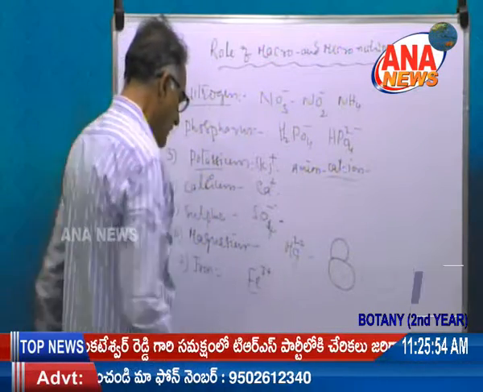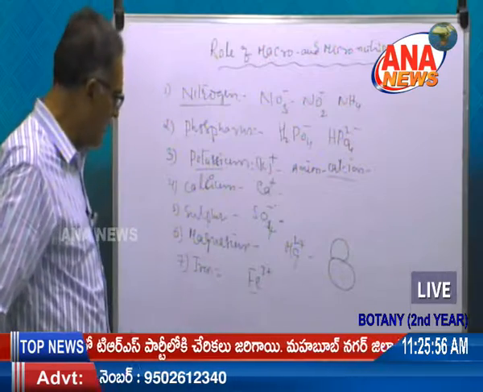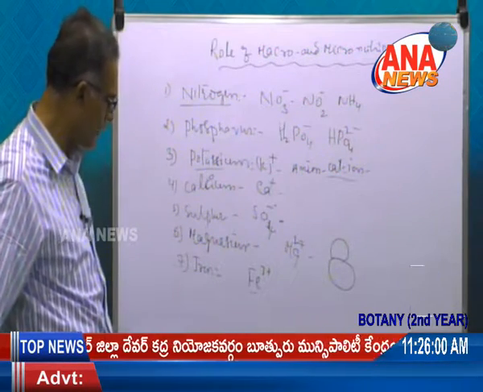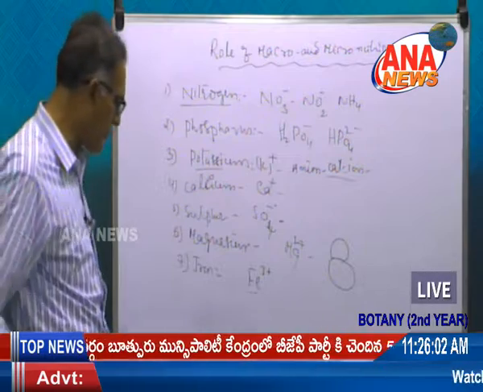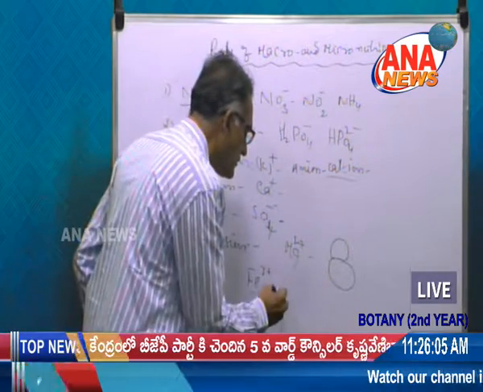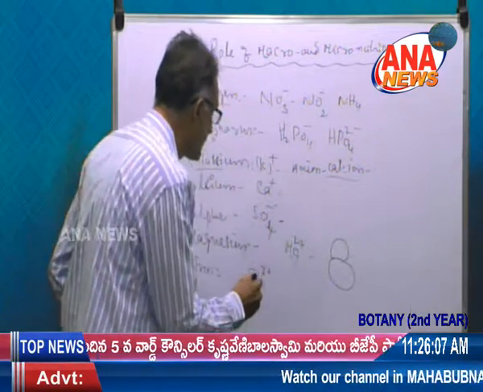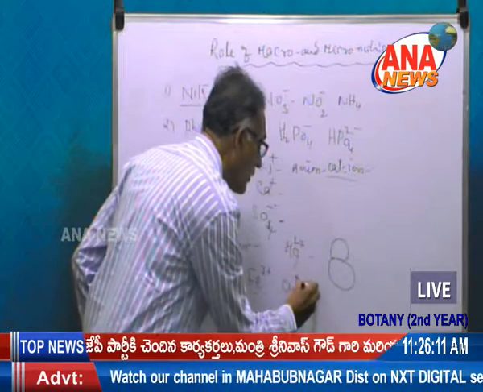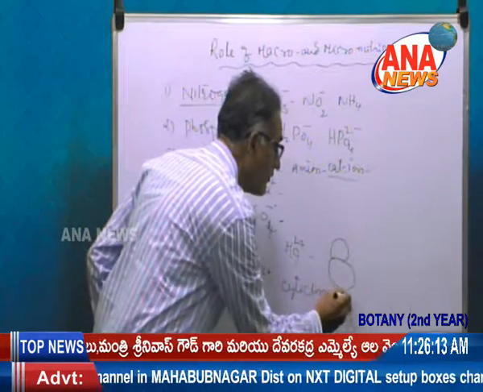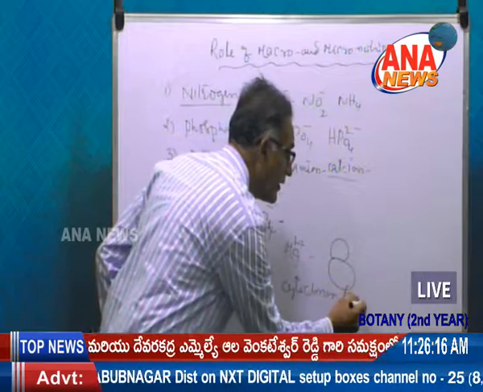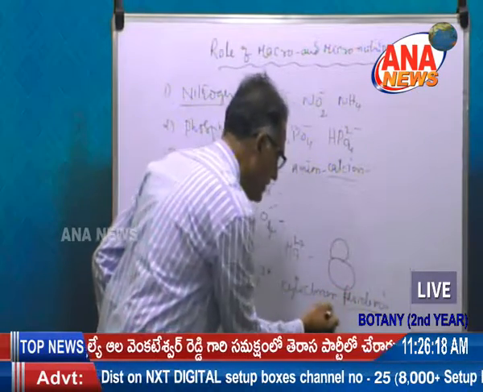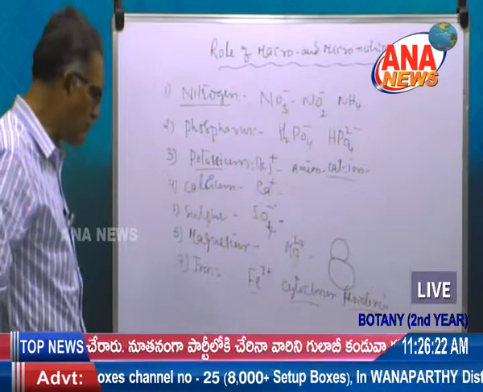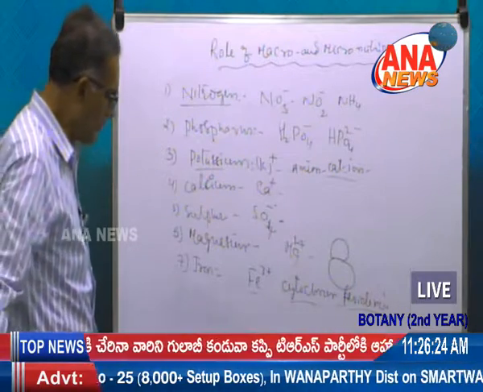Iron is involved in electron transport proteins, that is, cytochrome and ferredoxin. The iron associated with these proteins transports the electrons.